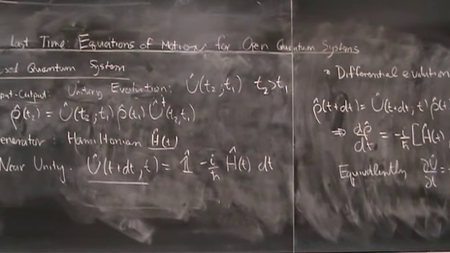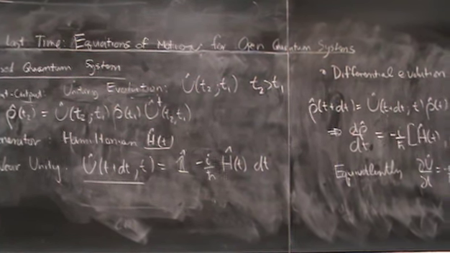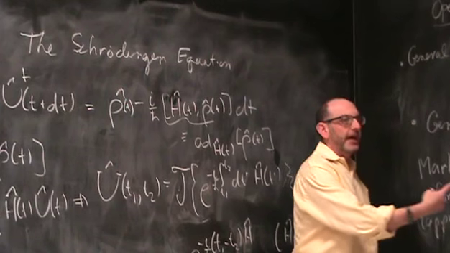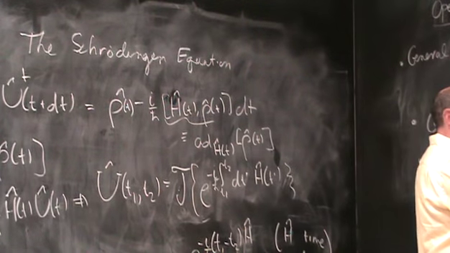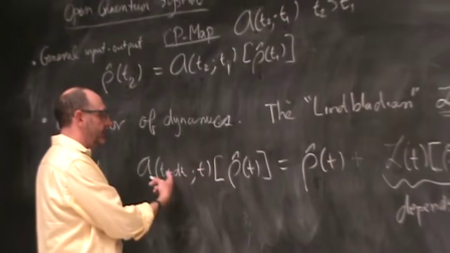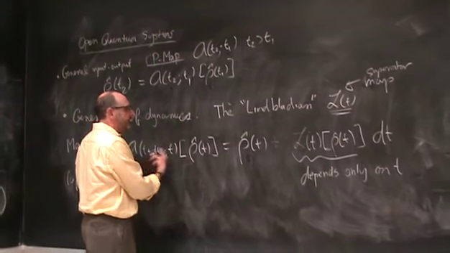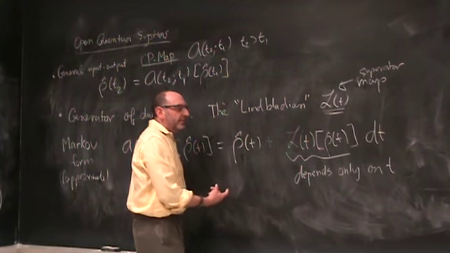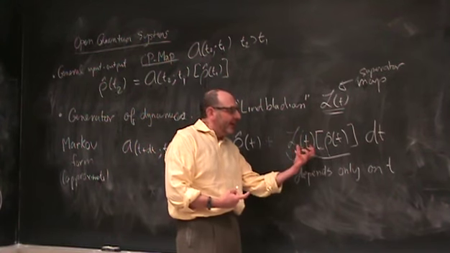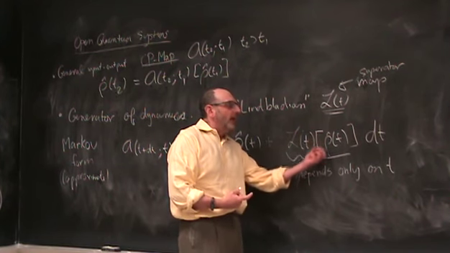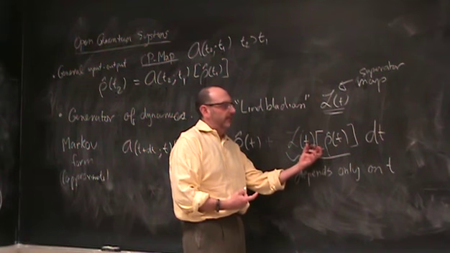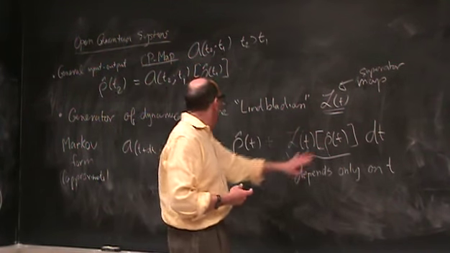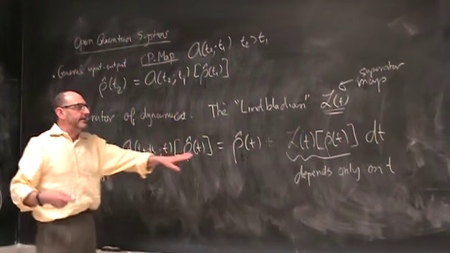Which is to say that the differential map that takes me from time t to t plus dt, acting on the state, gives the state plus something that is local at that time, times dt. Okay? And this thing only depends on t and not dt.